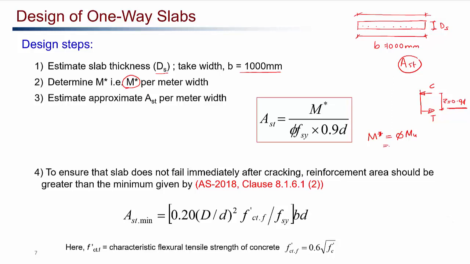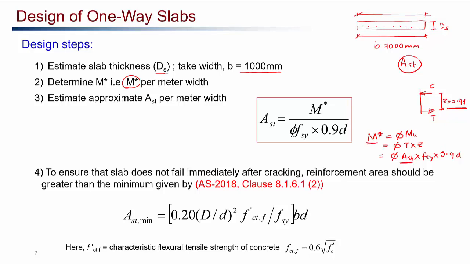Therefore, phi Mu is T multiplied by the lever arm Z, where T is the area of reinforcement distributed over the width of the slab, that is 1000 millimeter, multiplied by the tensile strength of the steel, fsy, if it is already yielding, and Z we approximated as 0.9 times the effective depth of the slab.